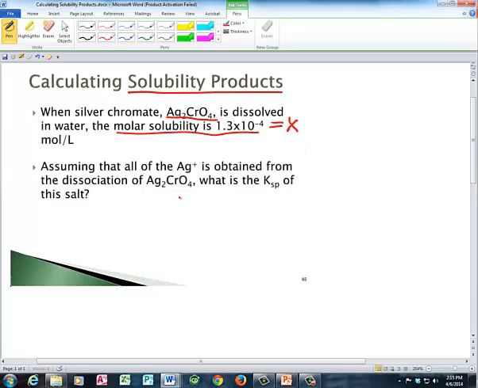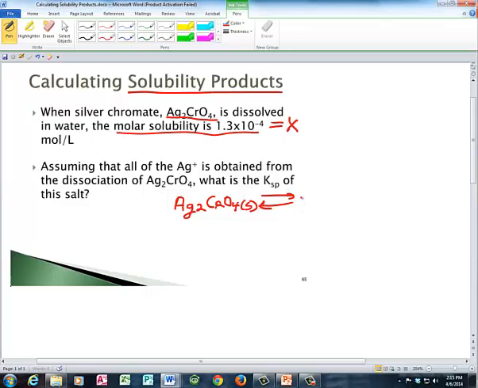The first thing we do is write the reaction. That is always the first step, to write the reaction that drives all of the mathematics we use. So we have 2 silvers and 1 chromate, Ag2CrO4, a solid. We're going to put it in water, and this is a sparingly soluble salt.